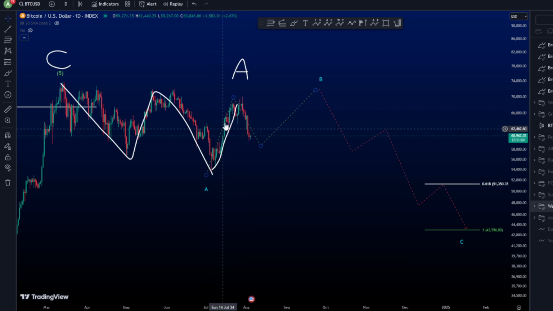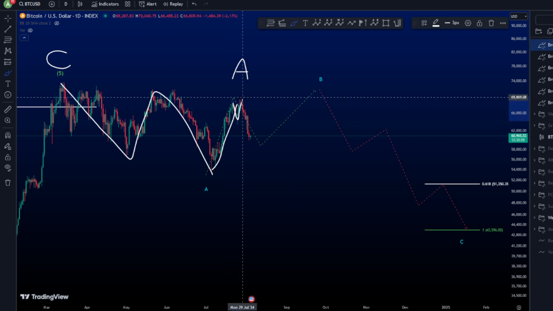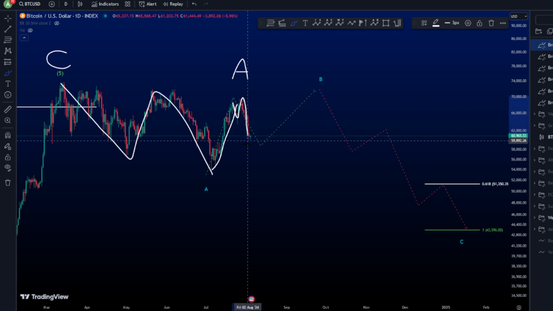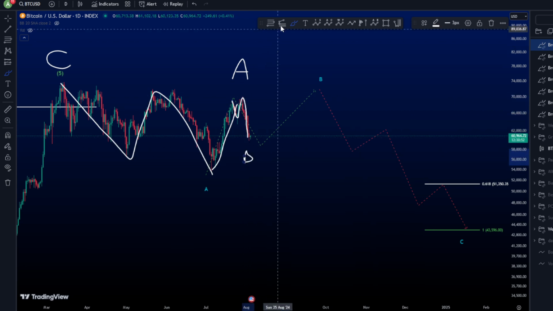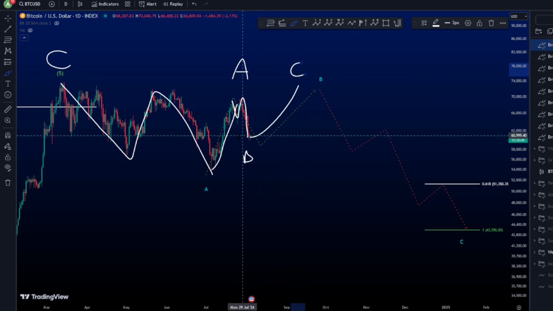And if we have a start of a 5, then of course B should always be 3 waves. So if we have A here and 1, 2, 3, this is your B down, then we are expecting 5 waves towards the upside, which is a zigzag, finishing the C, right? And in that way, we have finished our zigzag pattern.